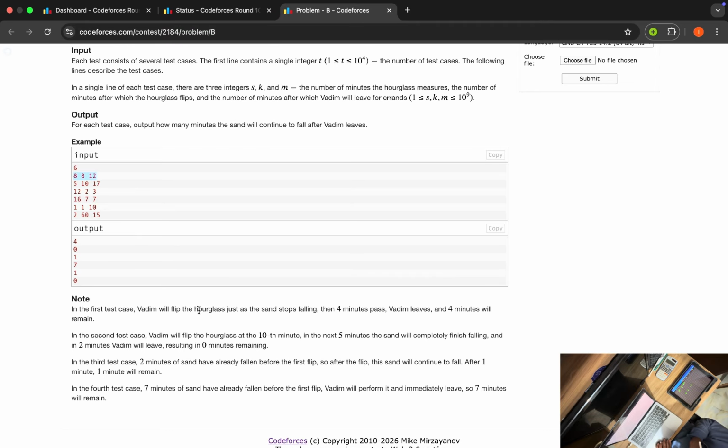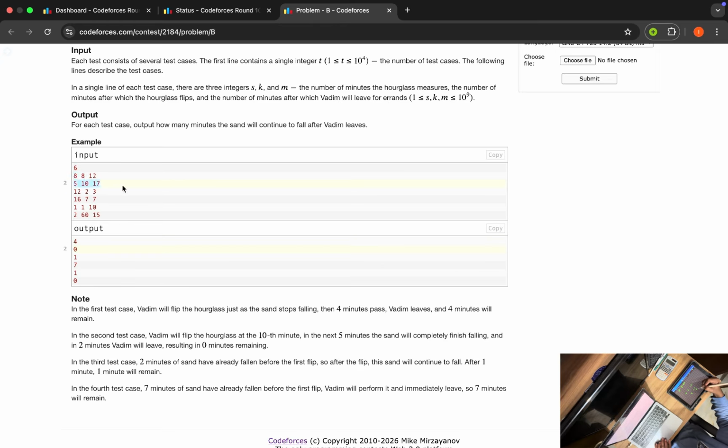The first variable will flip the hourglass just as the sand stops falling, then 4 minutes pass, and 4 minutes will remain. 8, 8 plus 8 is 12, no, 16. Yeah, okay, makes sense. 4 minutes.